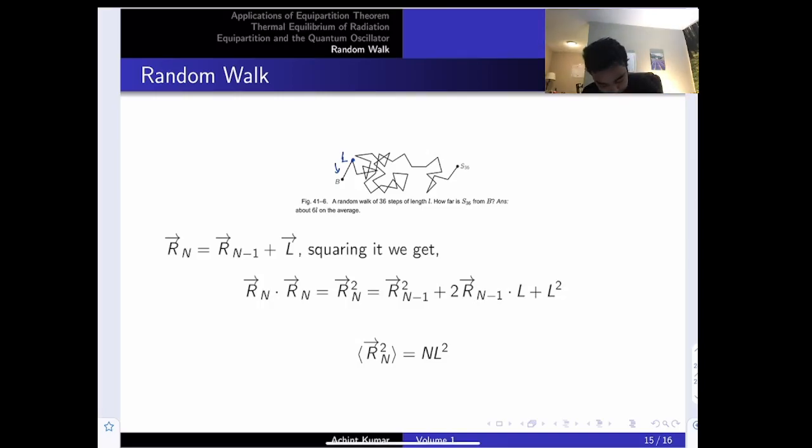So it goes L distance here, then L distance there, and so on and so forth. And it reaches after 36 steps at the position S36. The question we could ask is, how far on average would S36 be from B?